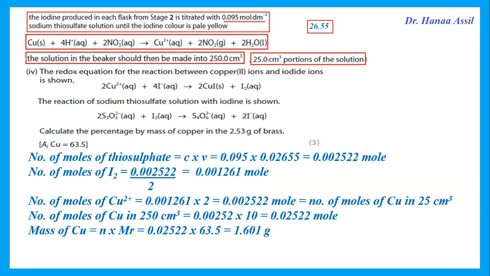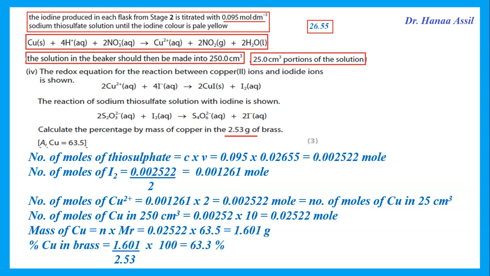And the mass is the number of moles times Mr, and that is 1.601 grams. This was in what? In 2.53 grams of brass. So the percent copper in the brass is that over the total times 100, and that means I have 63.3% copper in the brass.